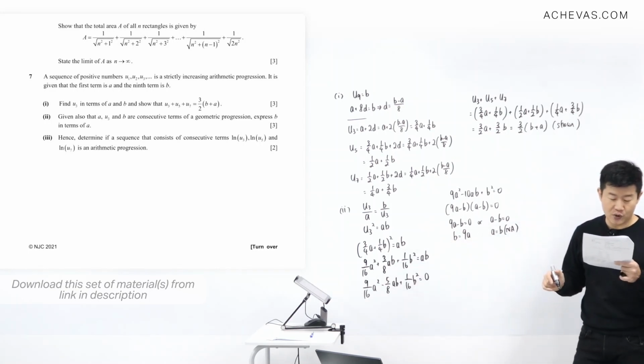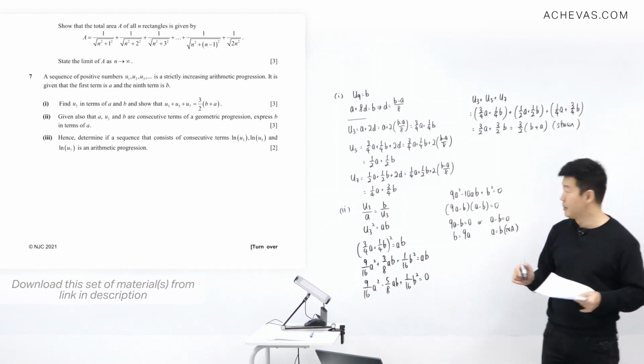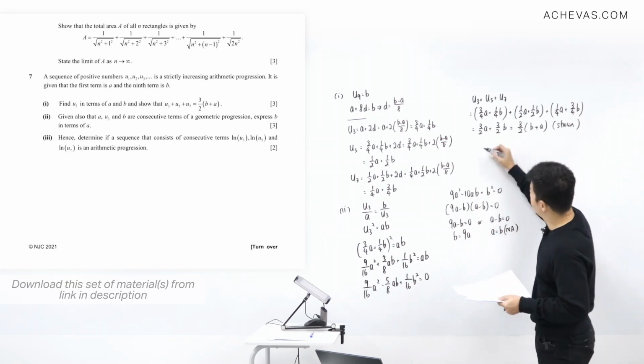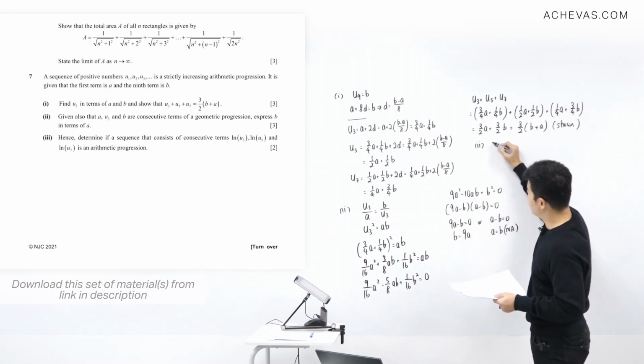This is part 2. Hence, determine if the sequence consisting of consecutive terms ln u3, ln u5, and ln u7 is an arithmetic progression. We are going to make use of this information. Let me write it down here: in part 2, we determined that b is equal to 9a.